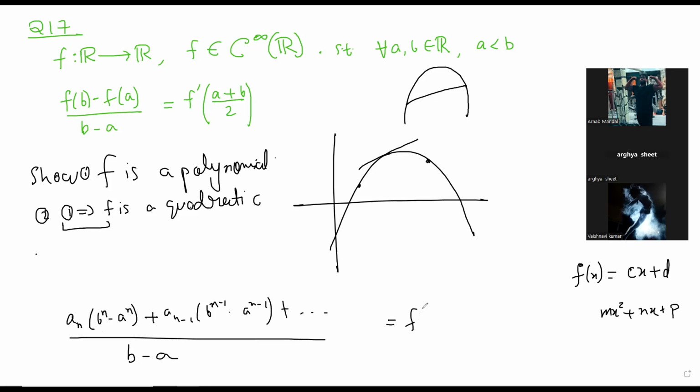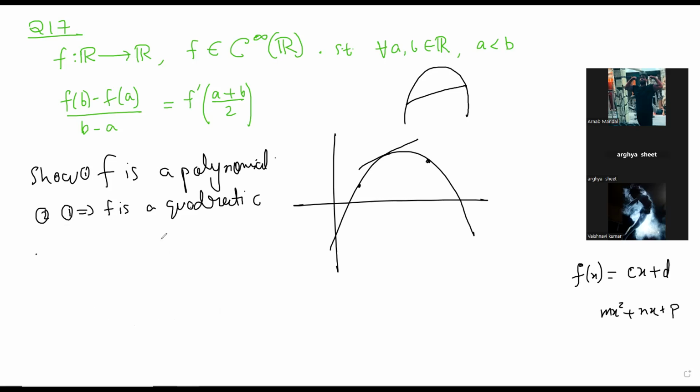But there should be a better way, right? From here you can certainly compare coefficients and show that n is at most 2. But there should be a better way, so let's think about that.